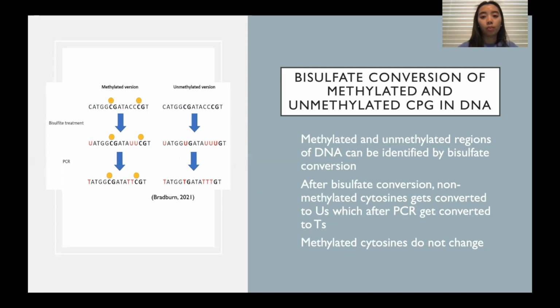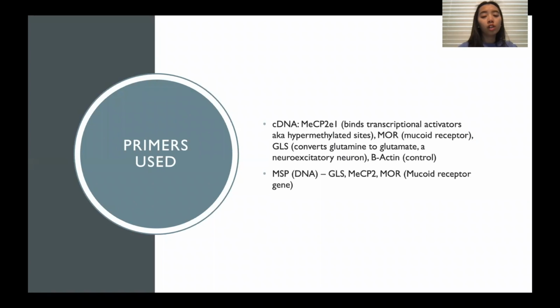For the primers used on the cDNA, which is our RNA, we use MECP2, which, like I said, binds to hypermethylated sites on the DNA. Then we use MORE, which is a mu opioid receptor.